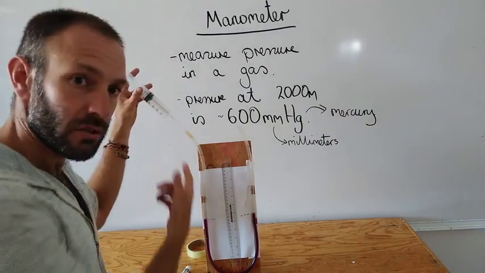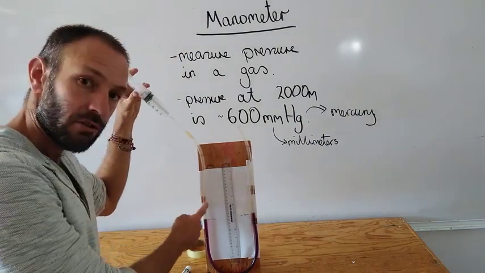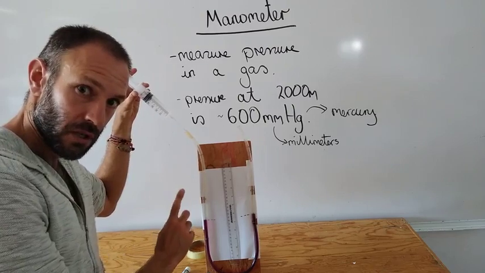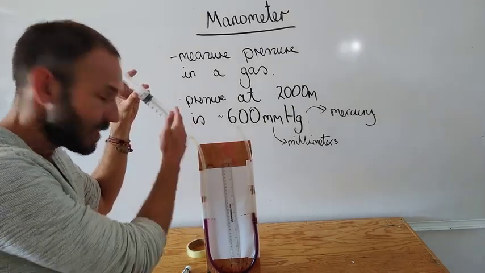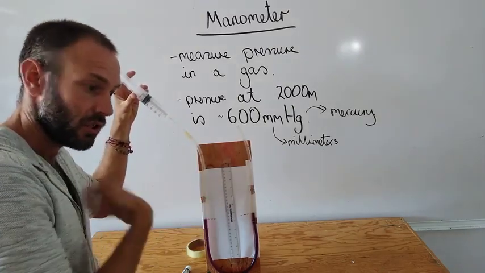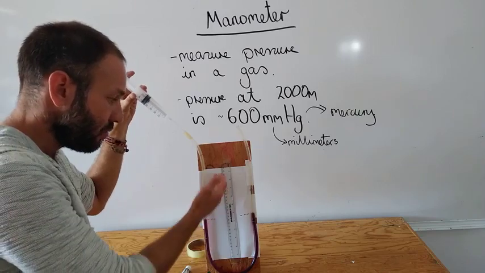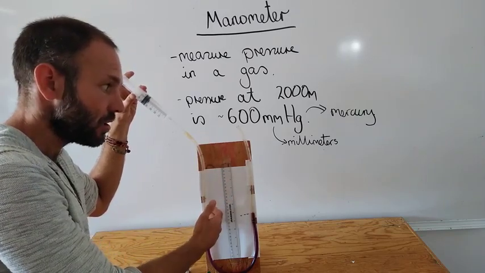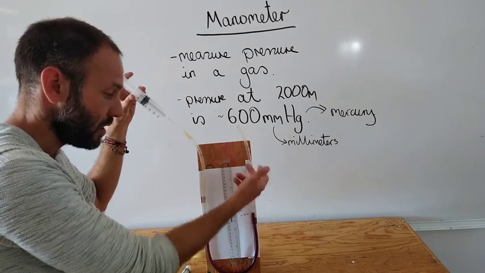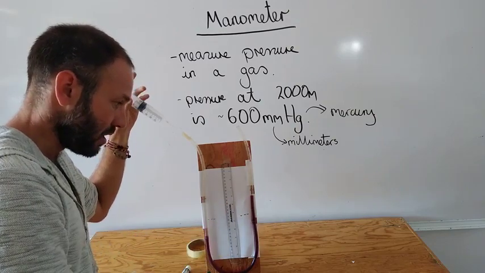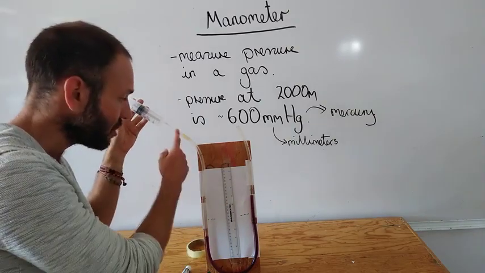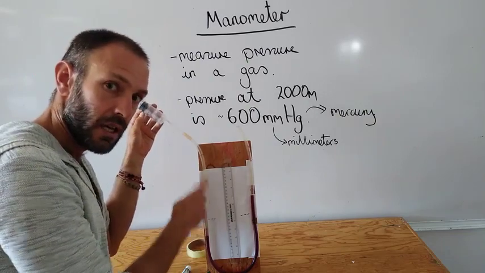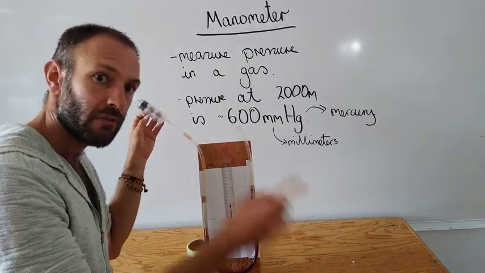So what I'm going to do on this side is decrease the volume in this gas, which is going to increase the pressure, which means that this will have more pressure than atmospheric pressure, which will result in that moving up. There we go. So the pressure in this side is more than atmospheric pressure.